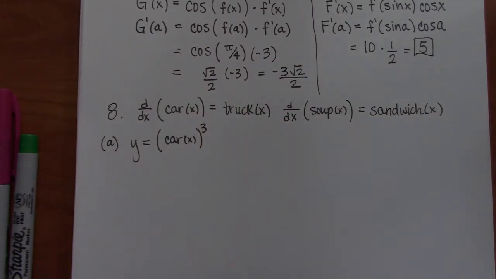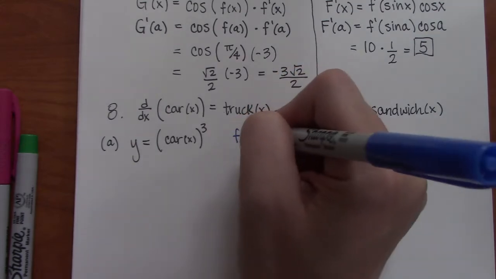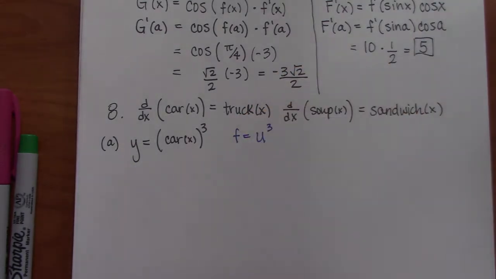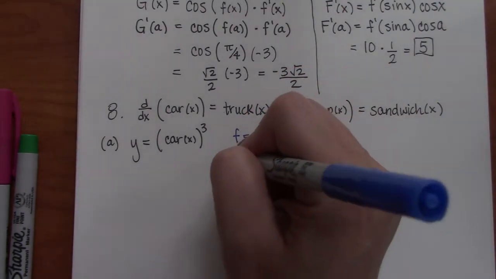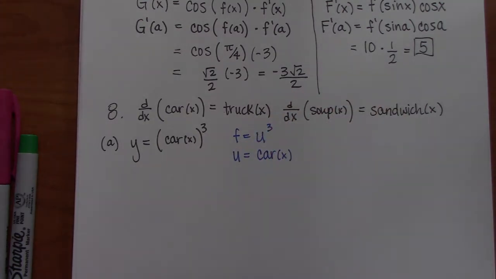So the idea here was, can you identify the outside and the inside function? So the outside function was some stuff cubed, where the stuff inside was car of x.